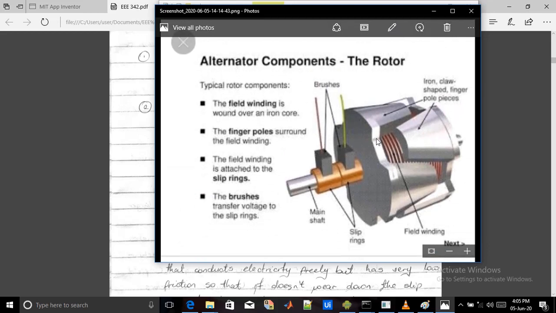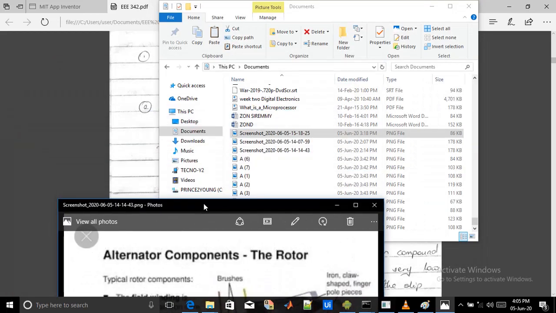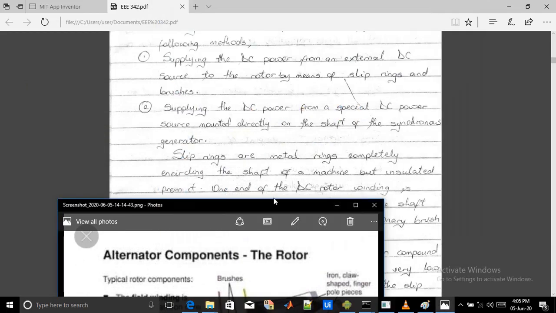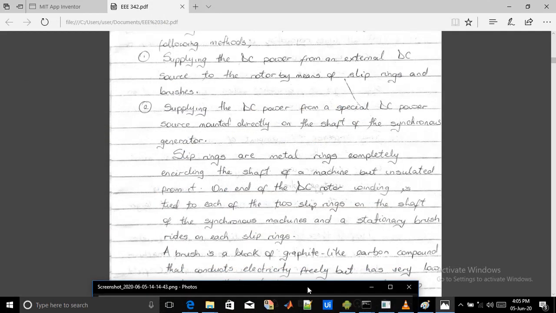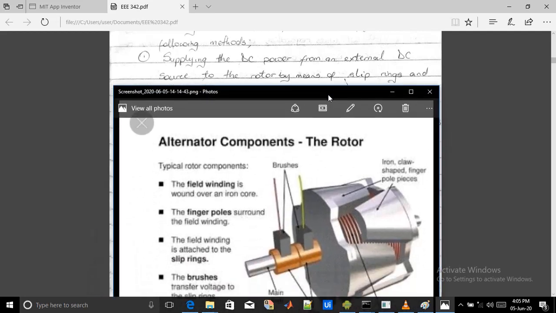So now as you can see, these are the slip rings. This is the shaft. The shaft is just a rod connecting to the rotor. So as the rotor is rotating, the shaft is also rotating. You can see there the main shaft. The slip rings, as explained here, completely encircle the shaft of the machine.